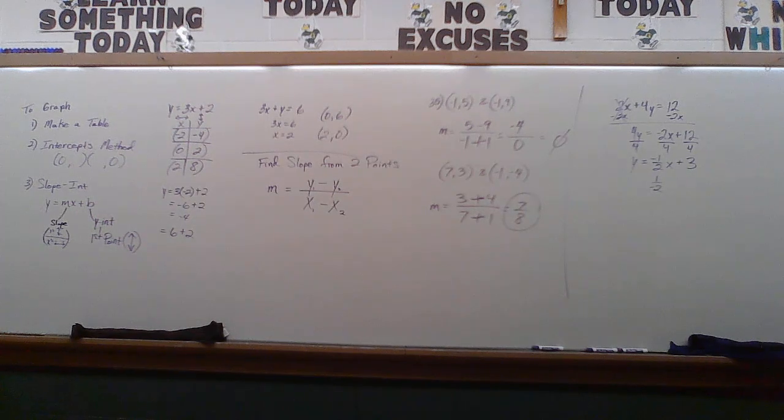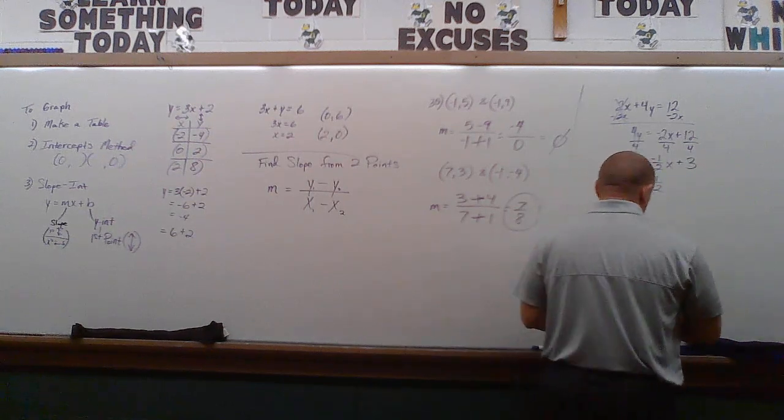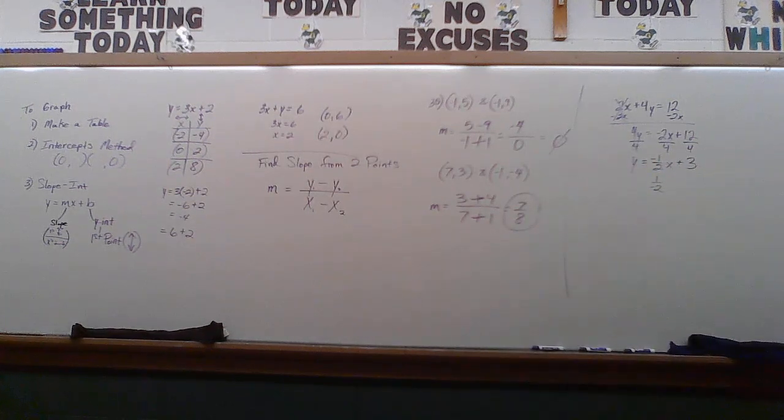Let's do number 53. And number 53, is it solved for? Is it in the equation that we want? Yes, right? So how are we going to graph it? Down 1. Down 1, then what? Up 3. Up 3 to the right one.